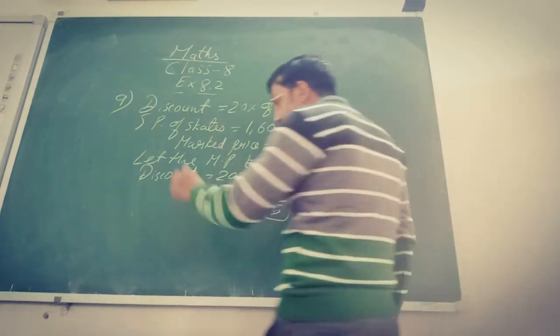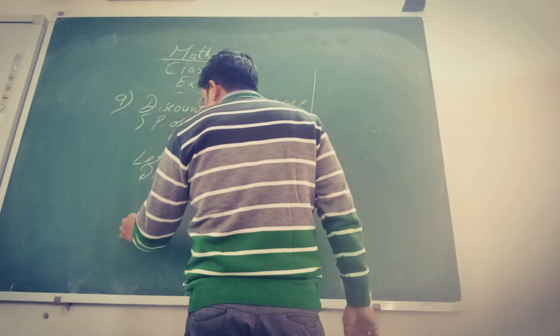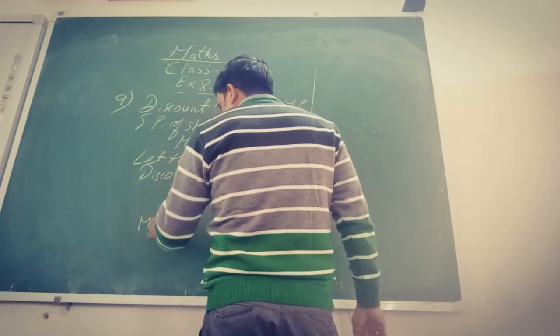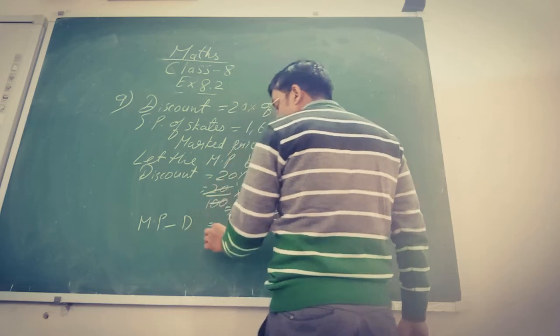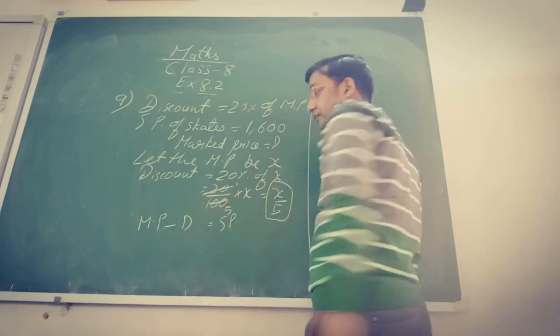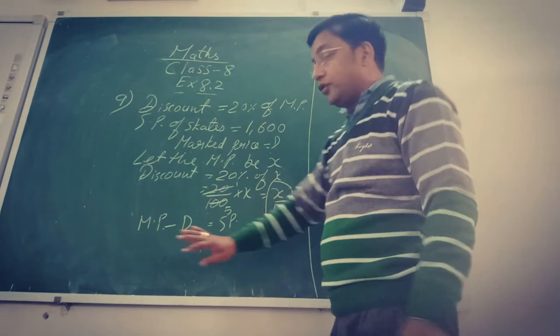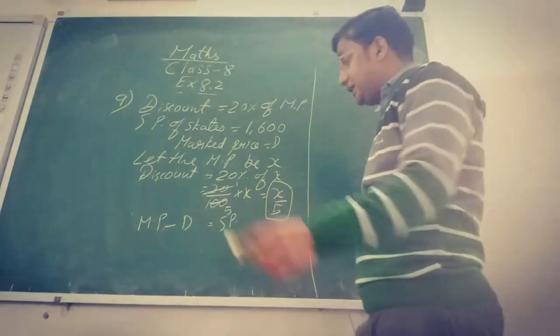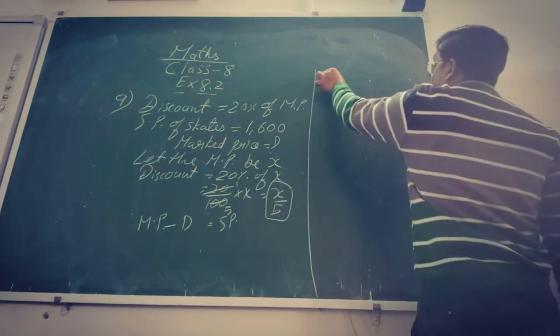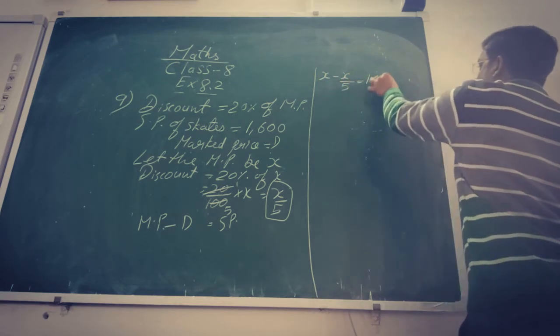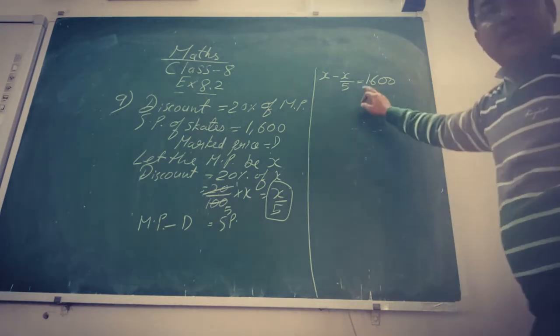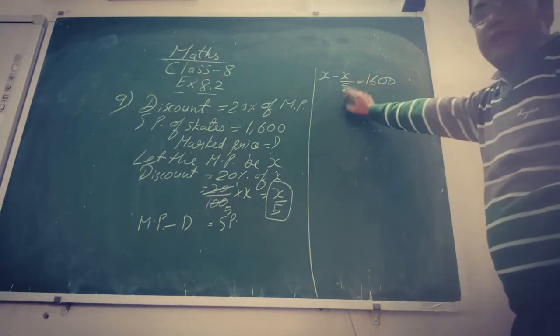So mark price minus discount will be equal to selling price. Put the values, you will get an equation, and then you can solve it. So this is X minus X by 5 equals 1600. Here we have our equation, solve it and get the answer.